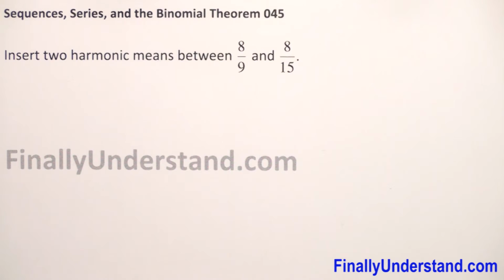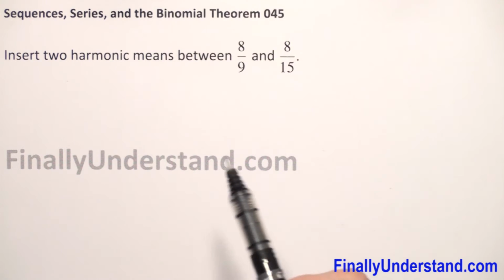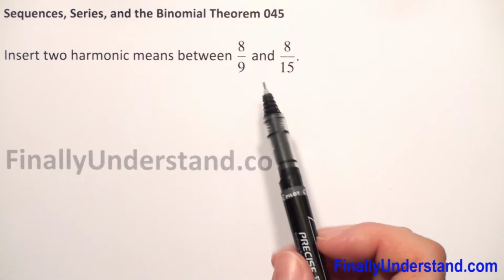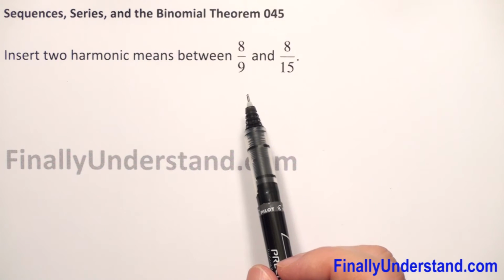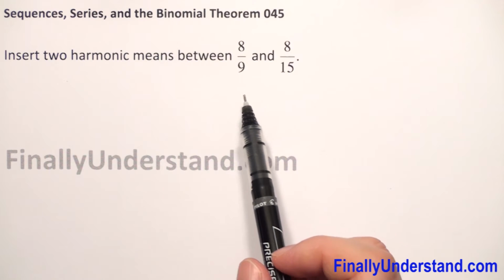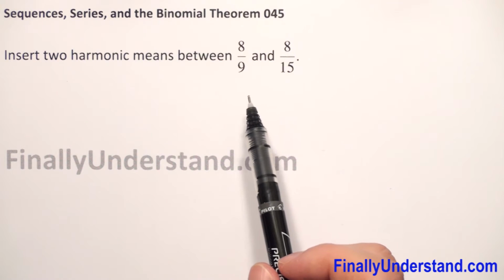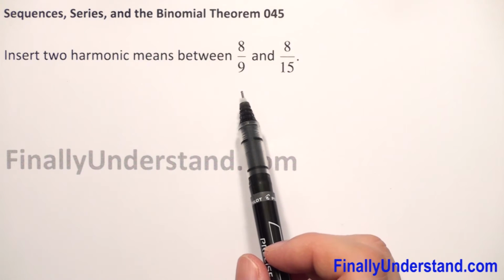So we use the definition of harmonic progression: a sequence is called a harmonic progression if the reciprocals of its terms form an arithmetic progression. When we take the reciprocal of a harmonic progression, we will have an arithmetic progression.